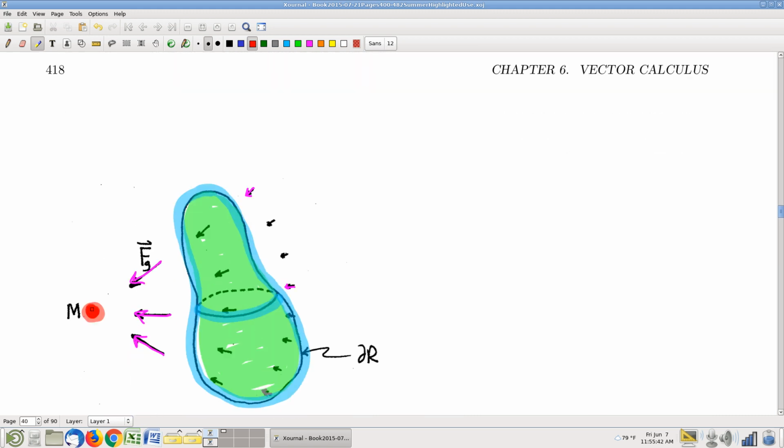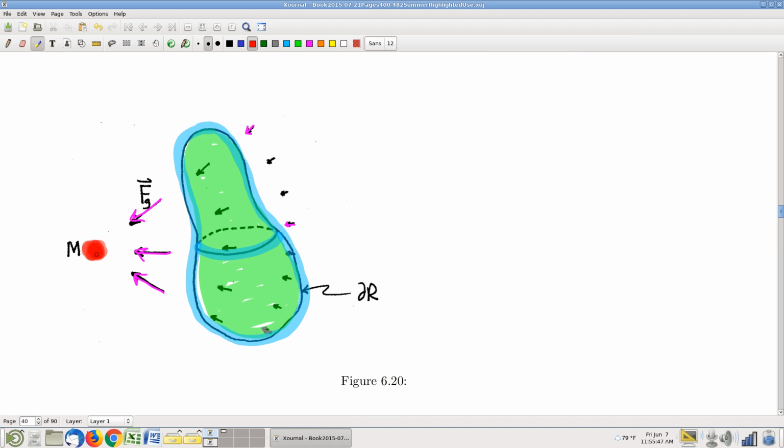Right, at this point, where the mass actually is, not only is the divergence not 0 here, but the divergence isn't even defined at this point.